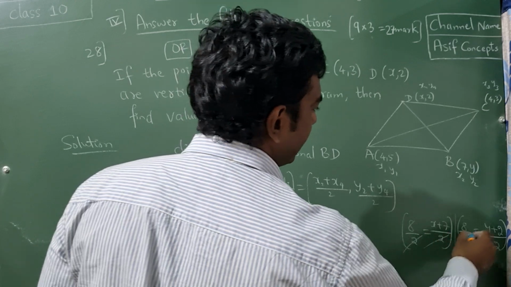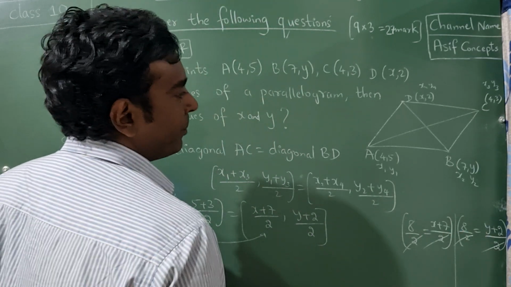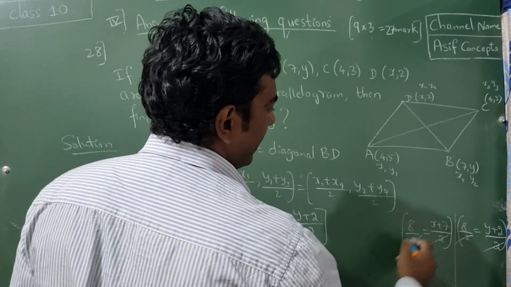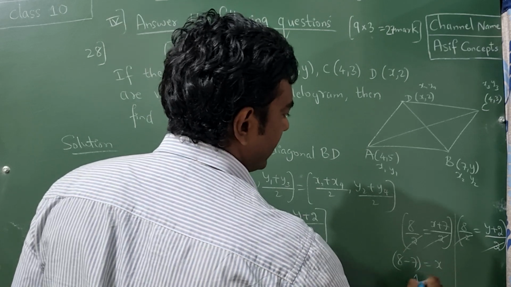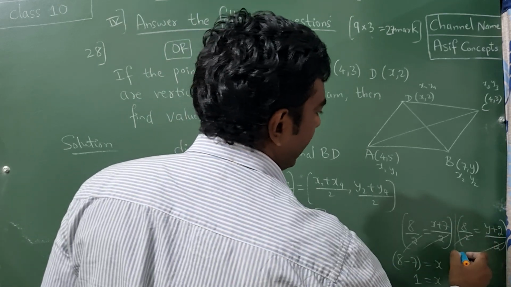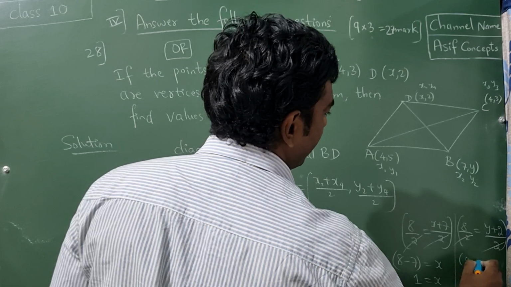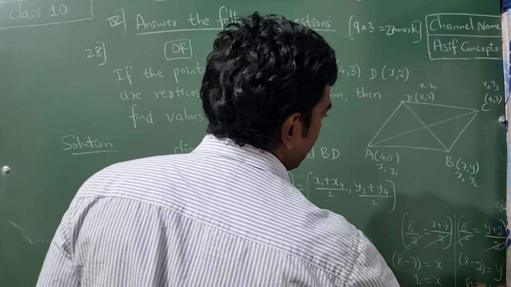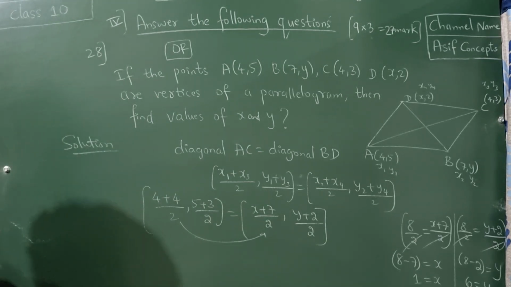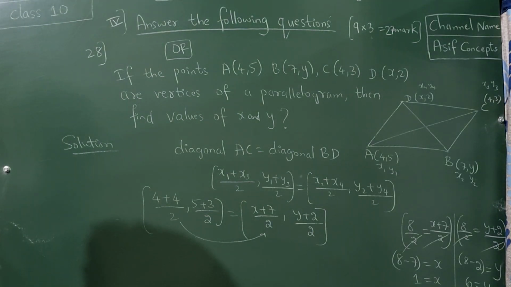This 2 gets cancelled, this 2 gets cancelled. Okay. Now take the 7 to the left side, it will become minus 7. So x value is 1. Take this 2 to the left hand side, so it will become minus. So y value will be 6. So the values are x is 1, y is 6.